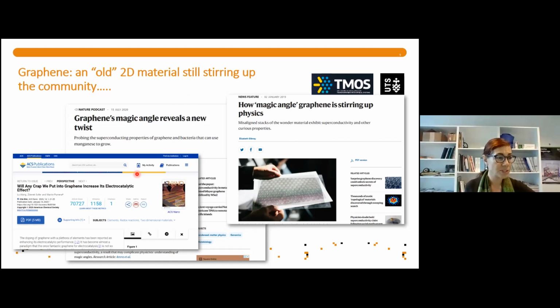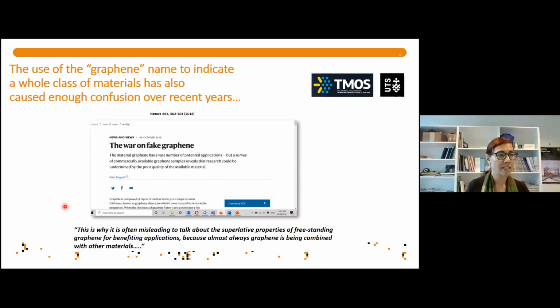And it's also very complex, and there's a lot of different variables that one has to understand. Hence, this quite provocative paper that came out last year about, is it true that anything you put into graphene will improve its properties? Well, probably not. It's just that we are still after a more comprehensive understanding of what is happening with graphene. So that's the first preamble. There's still a lot to be understood.